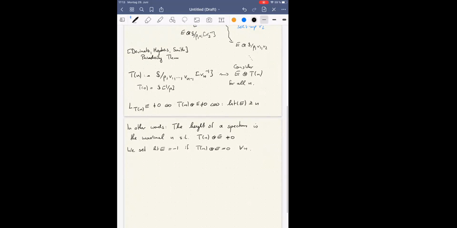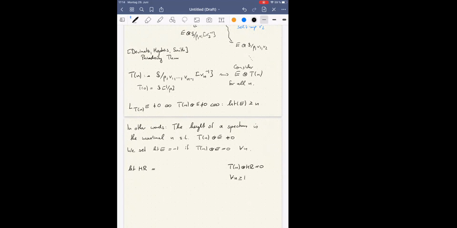Okay. So let me give you some examples. What is the height of an Eilenberg-MacLane spectrum, HR? Well, it turns out that Tn tensor HR is 0 for all n bigger or equal to 1.